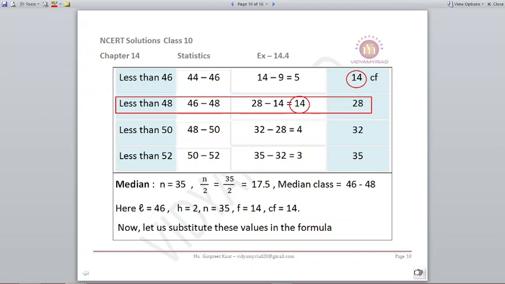From here we can find out your L is 46, your h is 2, h is the gap between 46 and 48, that is 2, n we know is 35, frequency is 14 and cumulative frequency is also 14.